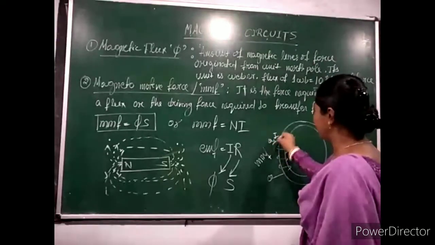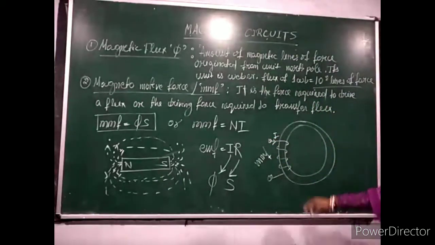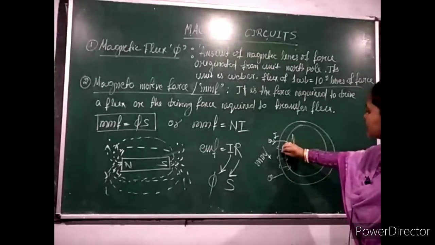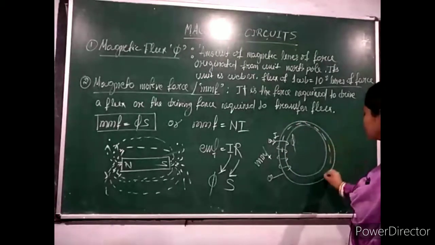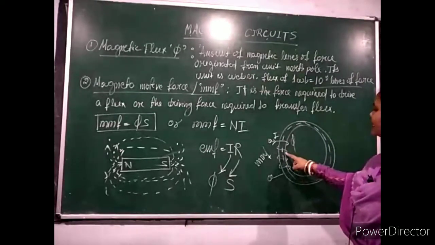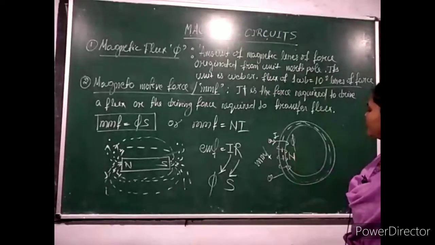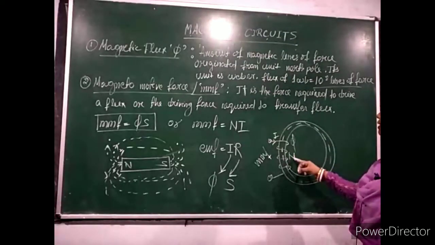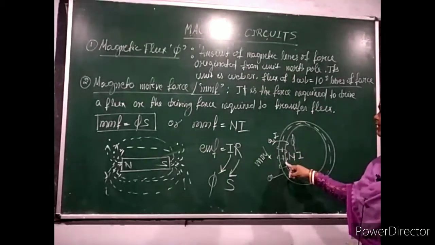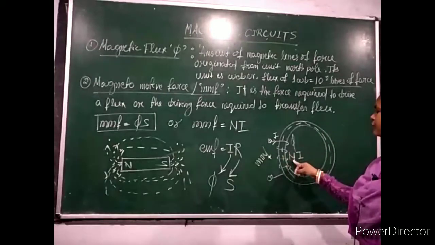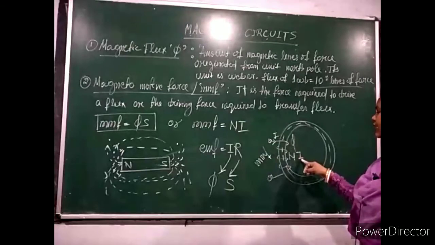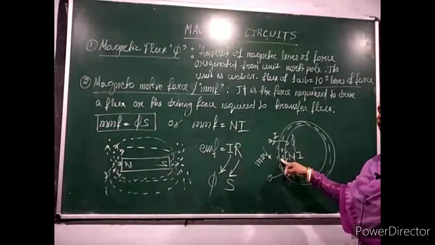Then current I will flow through this coil, due to which flux follows this ring path, and MMF is equal to the number of turns wound on this ring into the current flowing through this coil.